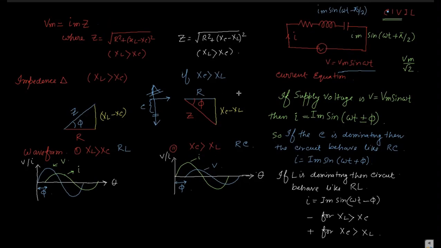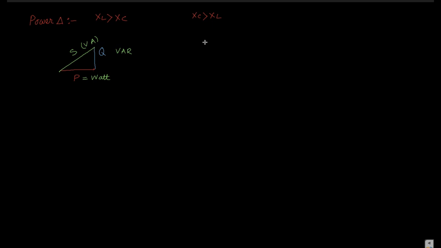This one is R, that is the active power P. This one is XC minus XL, that is the reactive power Q, and this is Z. The resultant of P and Q becomes S. This is the active power in watts, this is the reactive power in VAR, and this is the apparent power in VA. These two are the power triangles for the two cases.